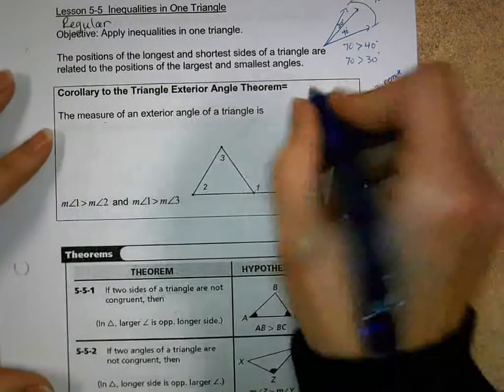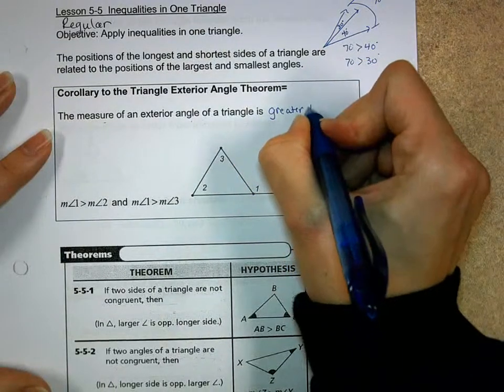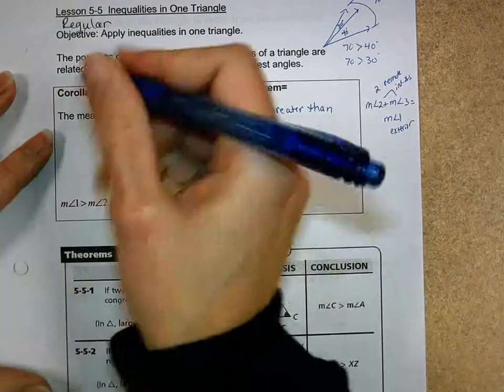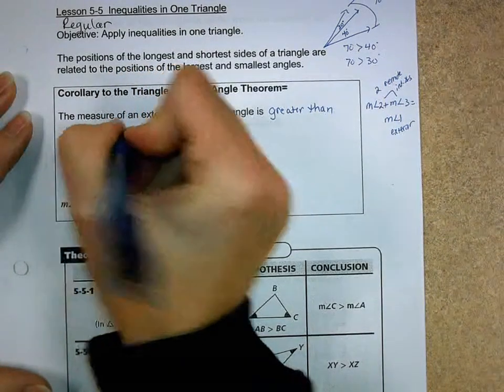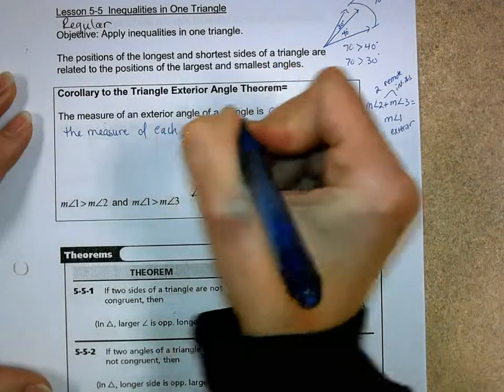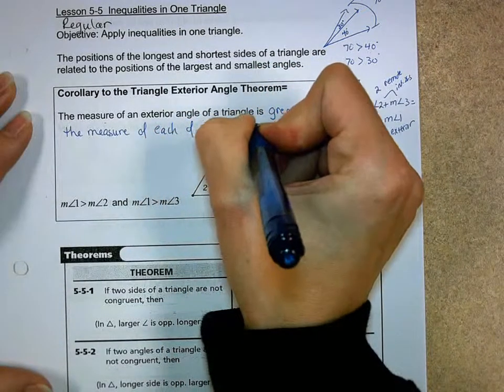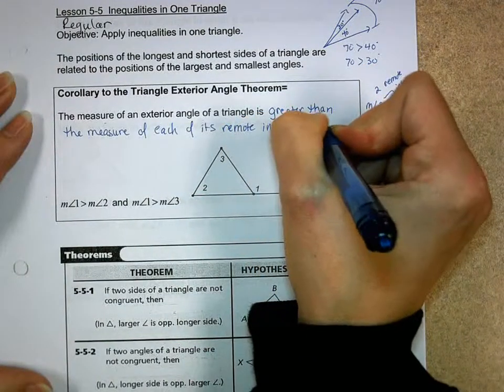The measure of the exterior angle of a triangle is greater than the measure of each of its remote interior angles.